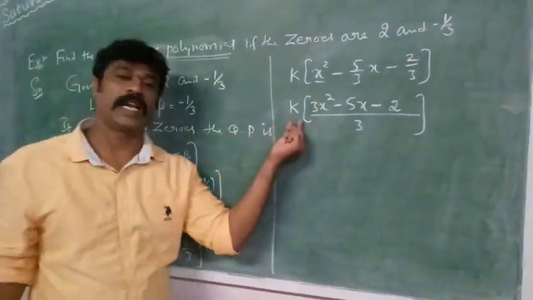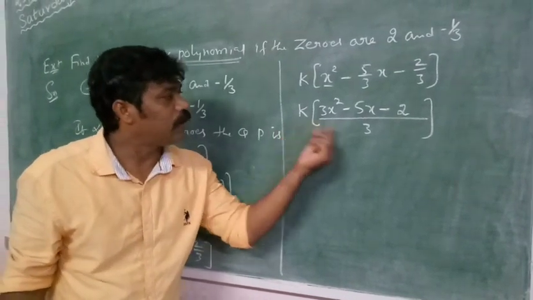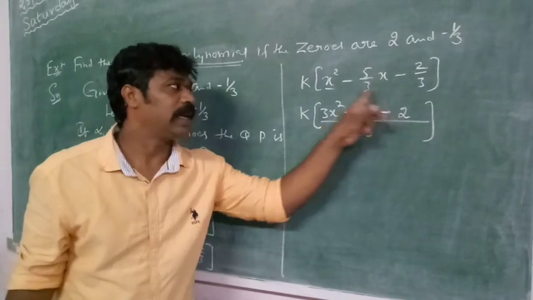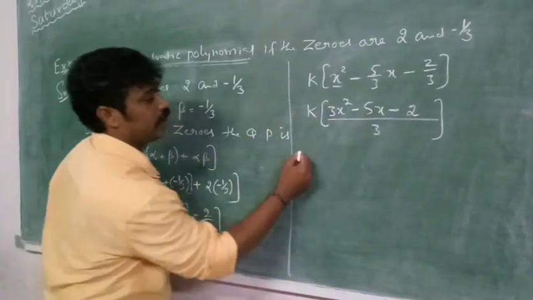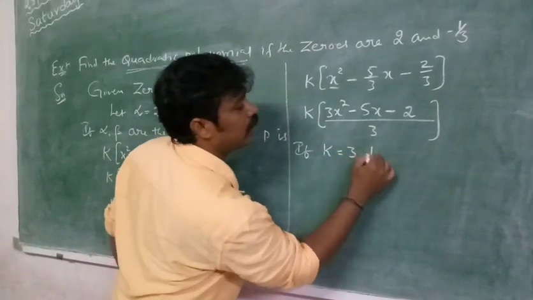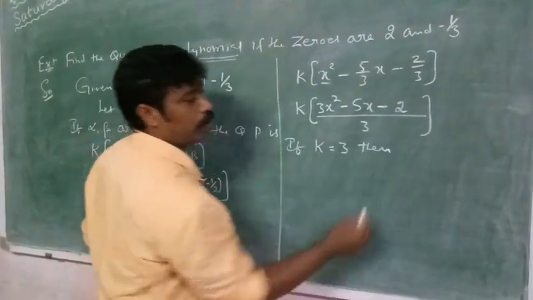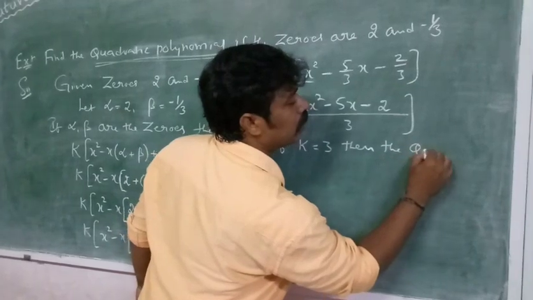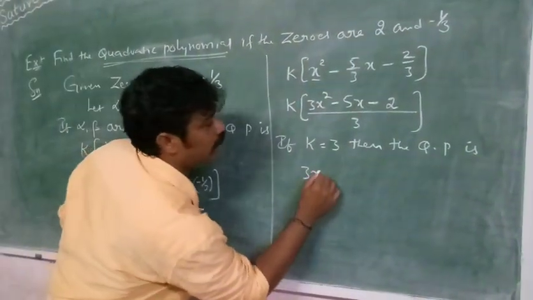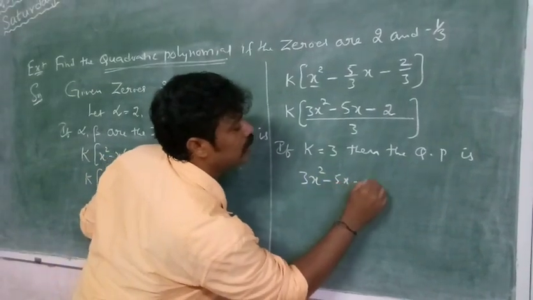So in place of k we can give different values. For example if I take k is equal to 3, then what happens? 3 gets cancelled and you will get this polynomial. So if you take k is equal to 3, then the quadratic polynomial is 3x square minus 5x minus 2.